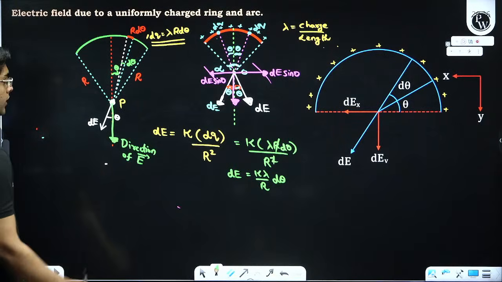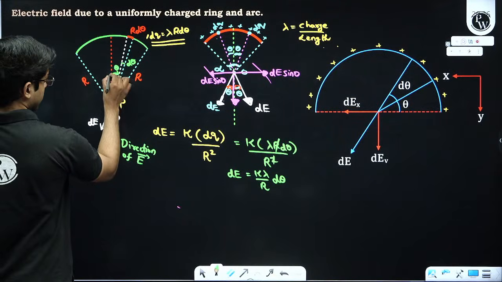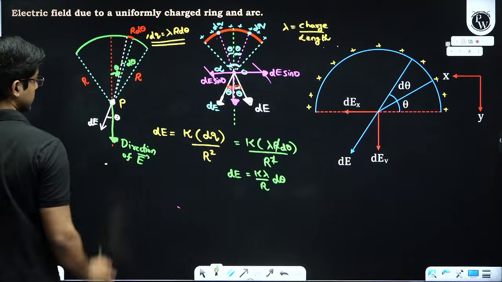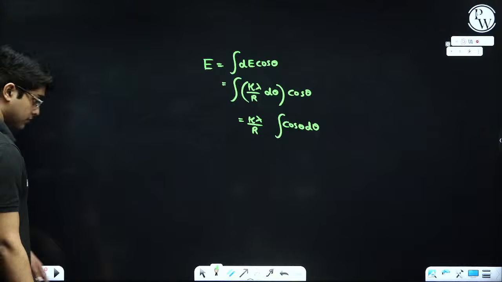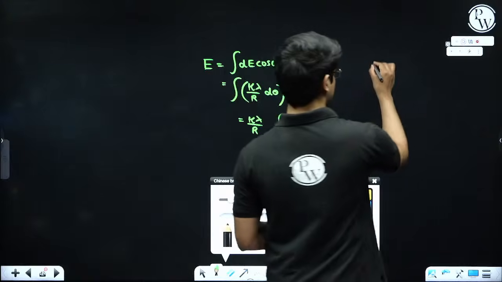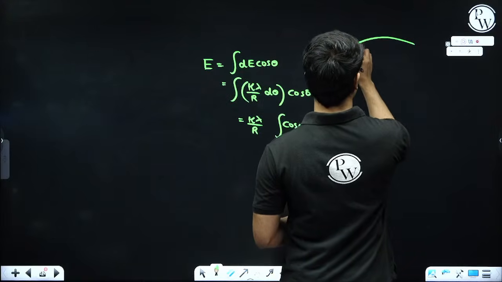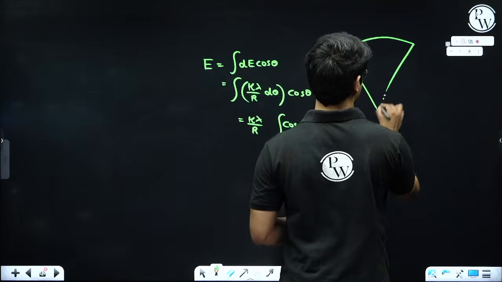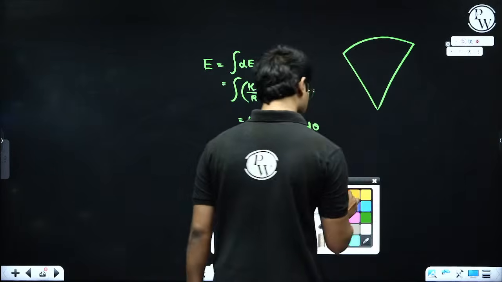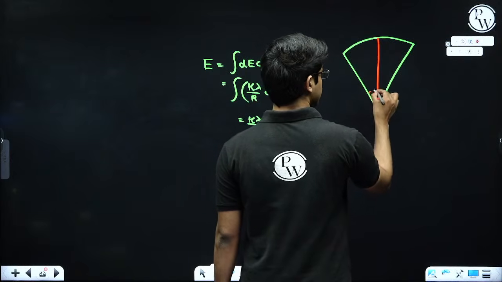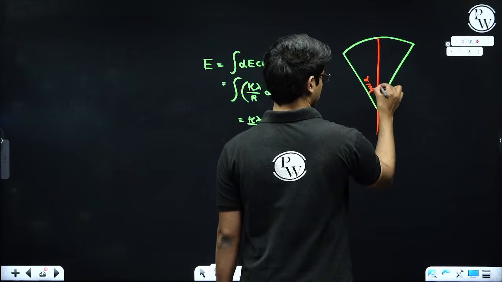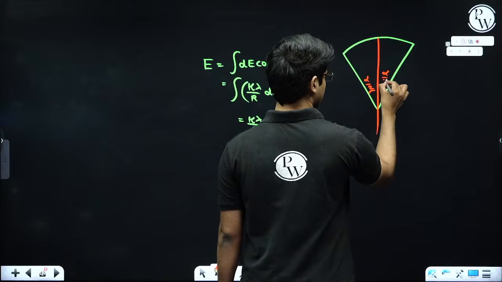Now all that is left is the limits of theta. Okay, now theta, we took the positive direction of theta as clockwise. So for the circular arc, if this is the angle bisector, both these angles are alpha by 2 for the full circular arc.